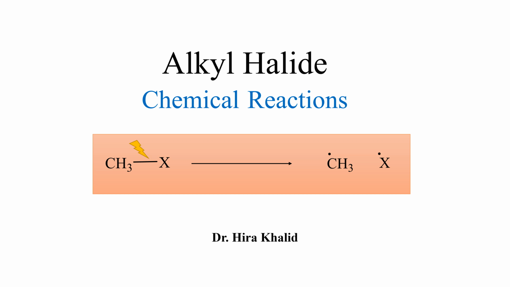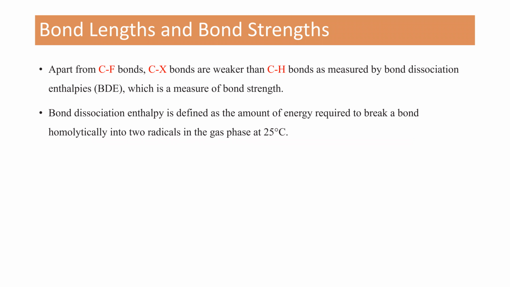The first thing we need to know about alkyl halides in comparison to the hydrocarbons is this: apart from the CF bond, where the halogen F has replaced one of the hydrogens and we have a fluorine-based alkyl halide, and that is the exception, the CX bonds are weaker than the CH bonds.